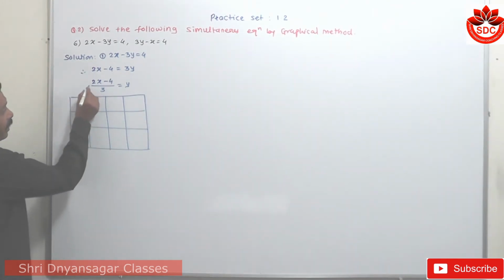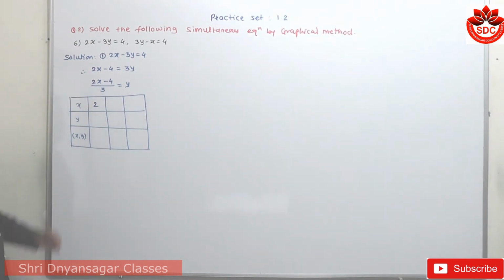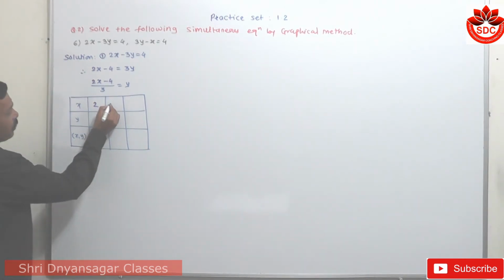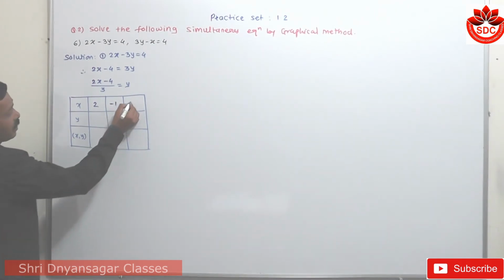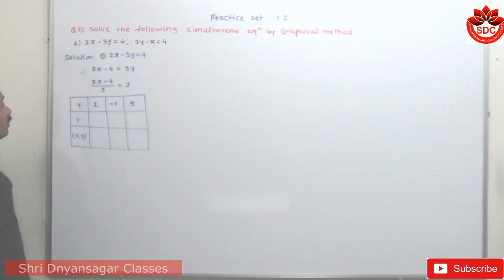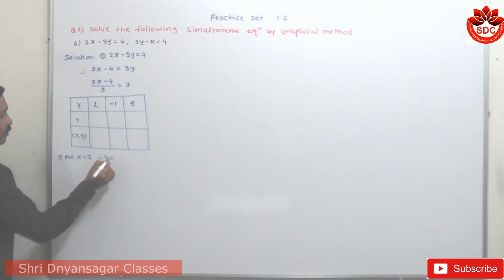So first, suppose we take 2. 2 twos are 4, then 0. The second one, suppose, is minus 1. Then the third one, suppose, is 5. Then I write here: put x equal to, therefore y equal to.